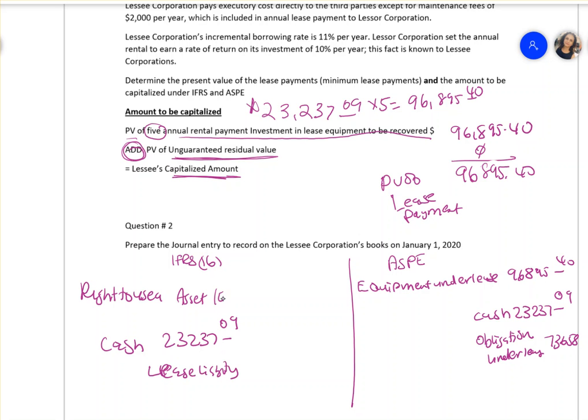So this is your 96,895 and 40 cents. This is my debit and this is my credit, and that's also my credit for the 73,658. And you might have some cents. I didn't calculate the cents.